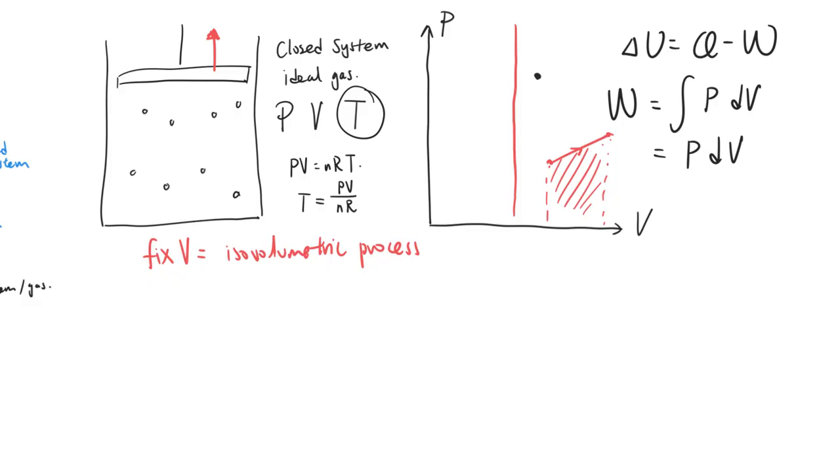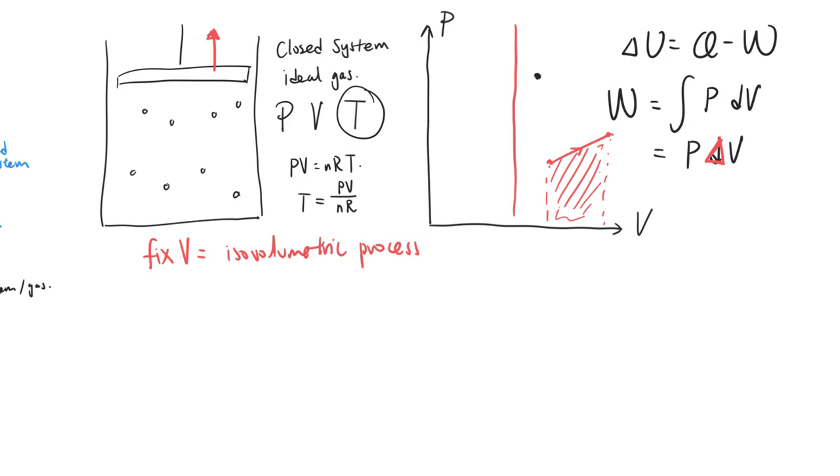It did this much work. You can, in fact, easily derive this from work equals F times d. This would translate very nicely into P dV, or P change of V. If you don't know calculus, dV just means change of V, except that it's infinitesimally small. So actually, I'll just write P delta V. This is something that we can use to calculate W.